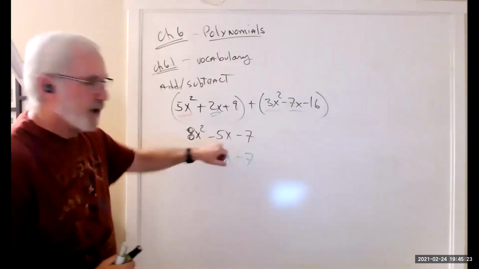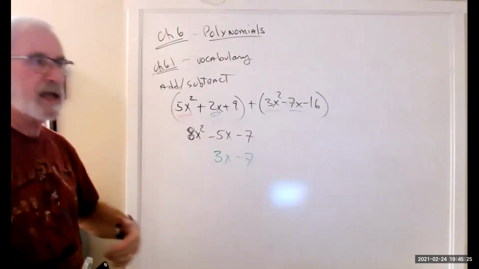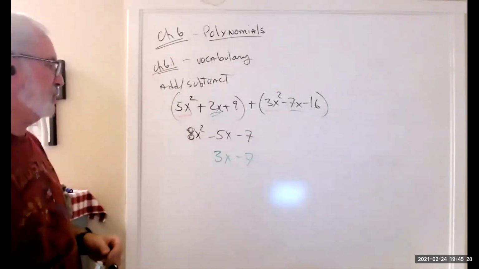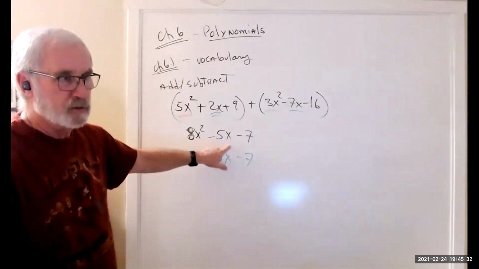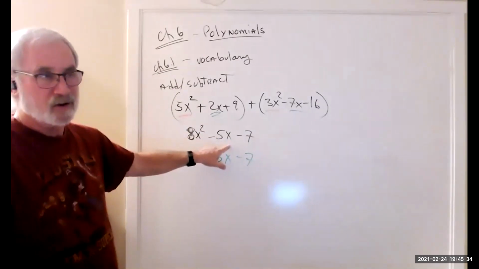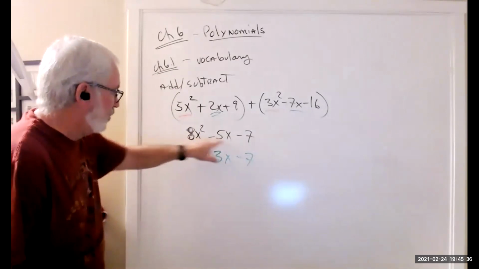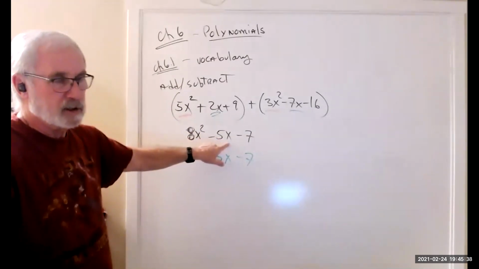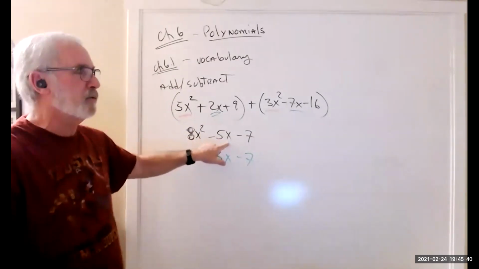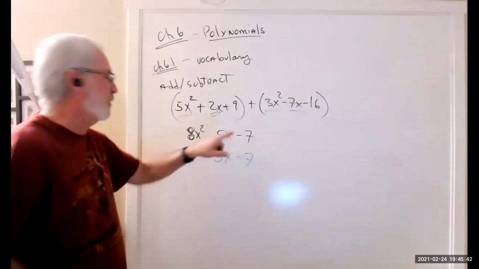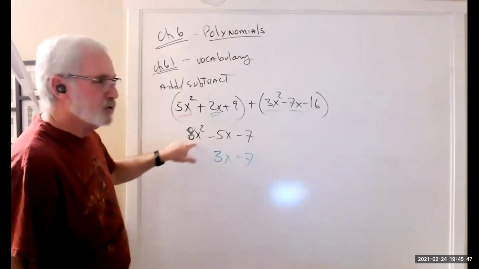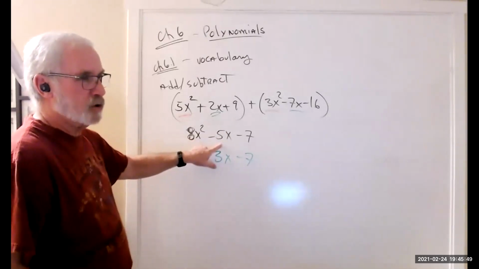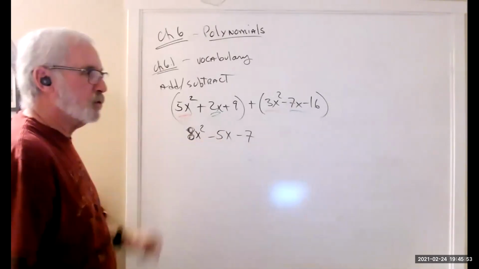They have to have the same variable and it's got to be exactly the same variable. These are related to each other. They're like cousins. But you can't put them together, at least not legally, at least not in California, maybe Mississippi. Never mind, that's a bad joke. You can't put these two together. They're not like terms. So that is your only final answer.